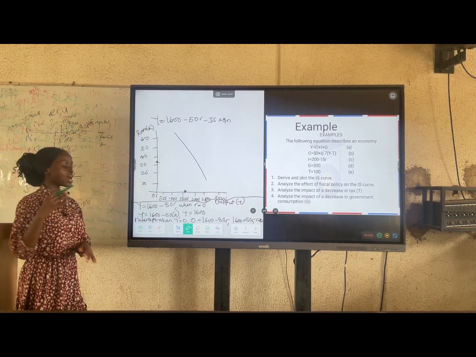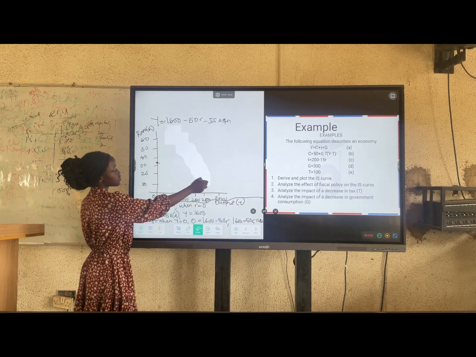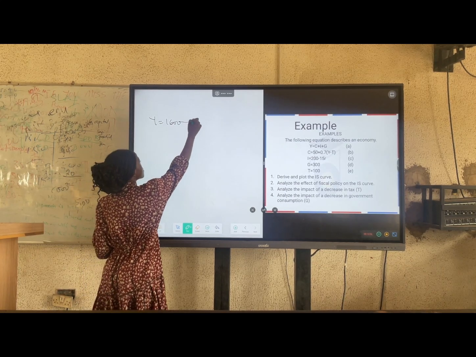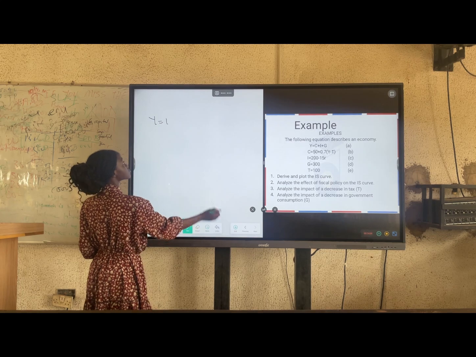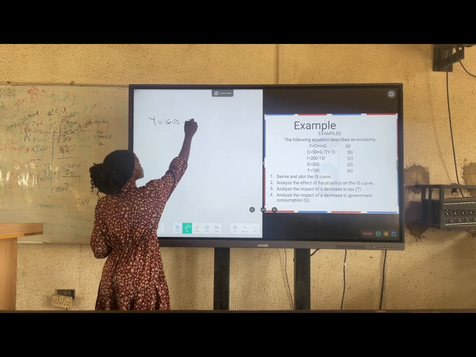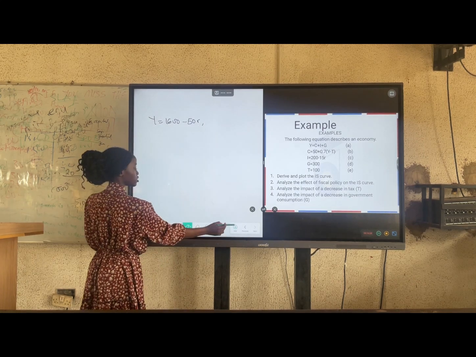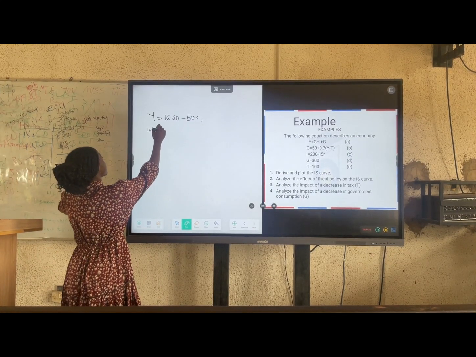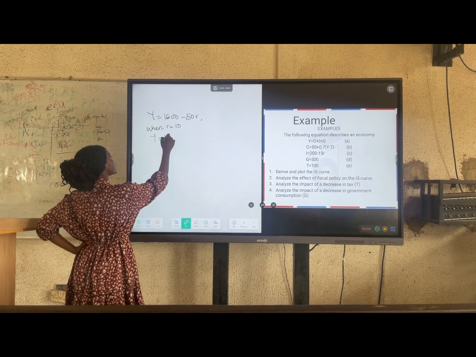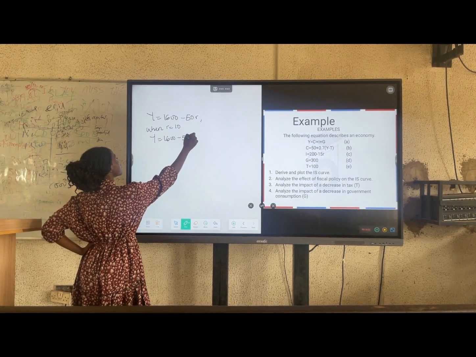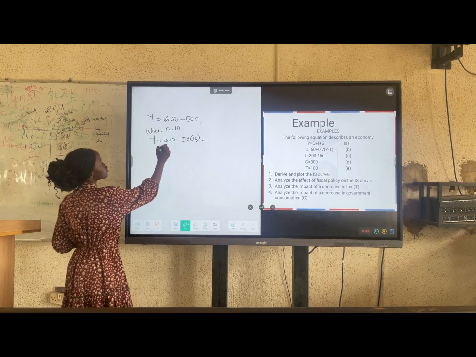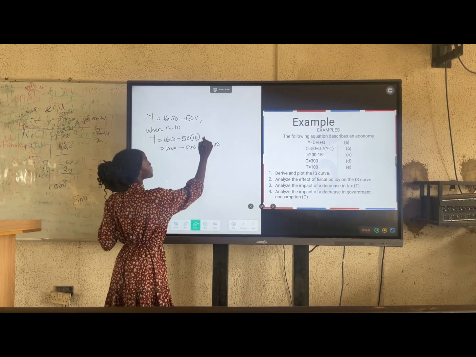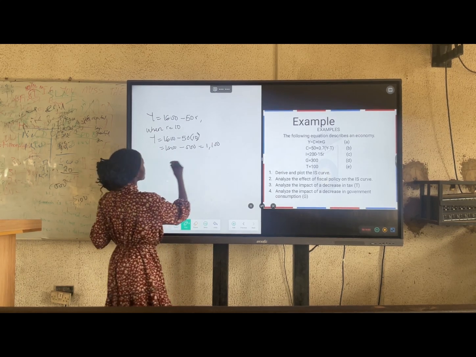We're going to be putting them into the equation and getting the outputs for them. So when r is 10, y equals 1 1.